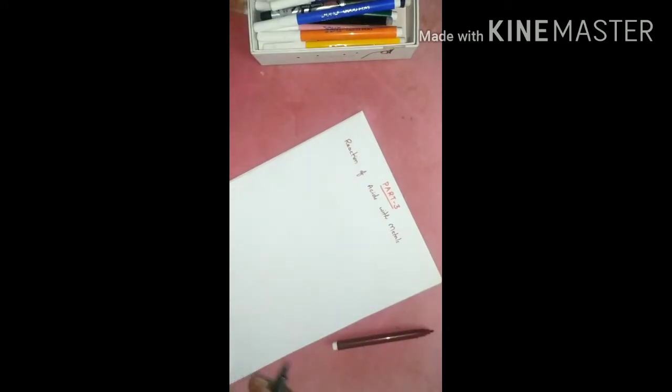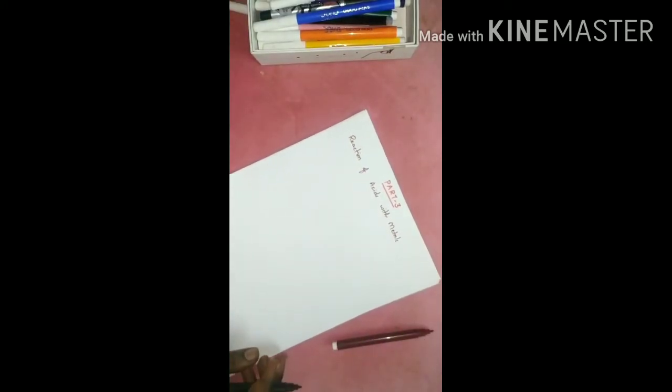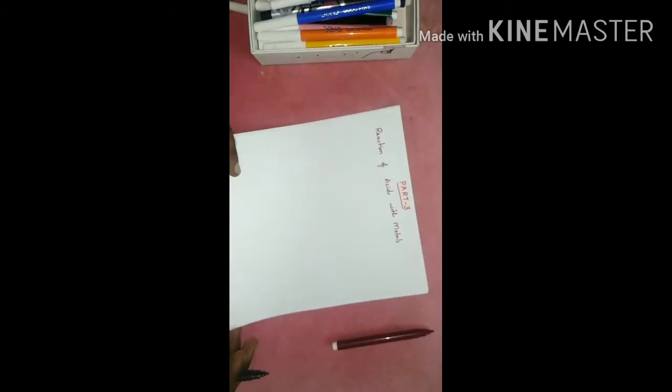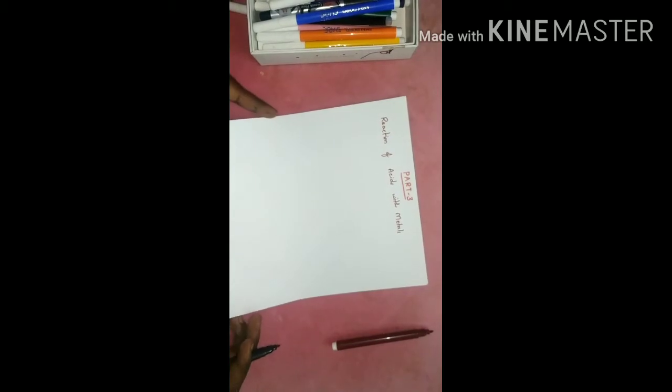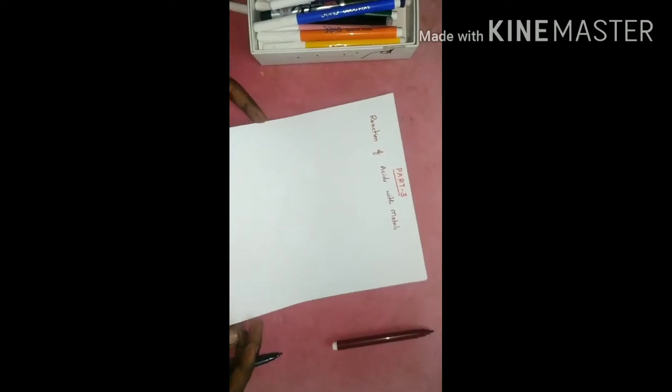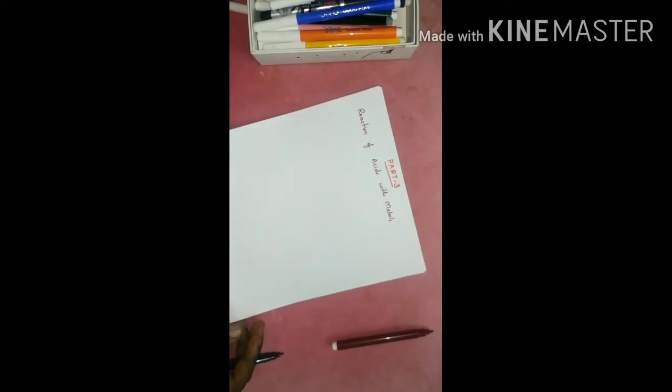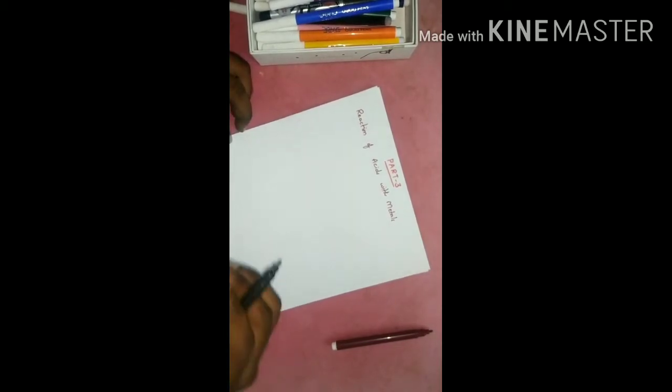What is that activity? Take a conical flask, and take some zinc granules. In that you add some diluted HCl. Then you observe the liberation of hydrogen. The same activity we will discuss here once again.